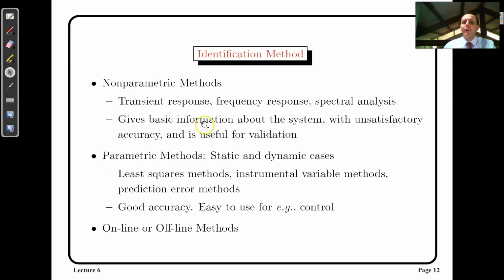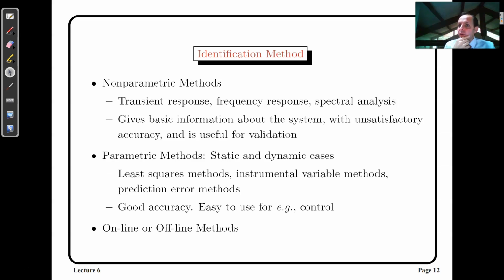For example, the transient response, the frequency response, the Bode plots, or the step or impulse response.